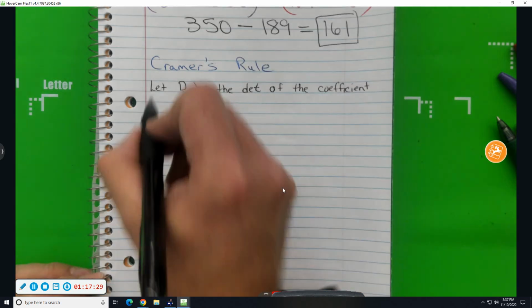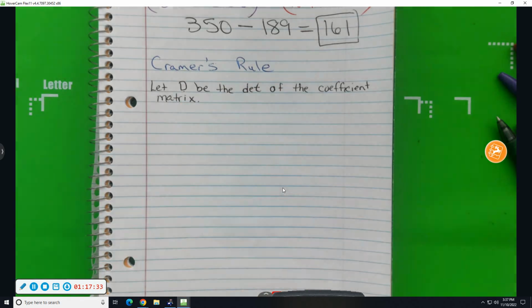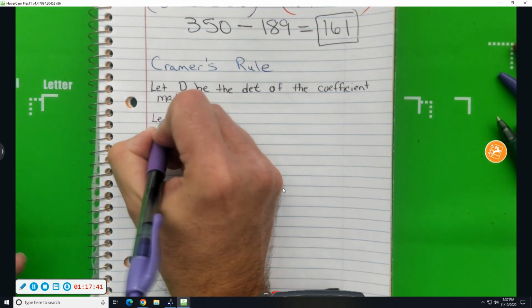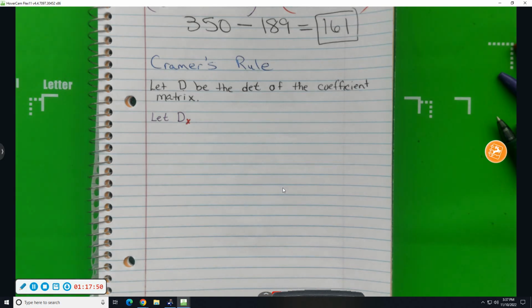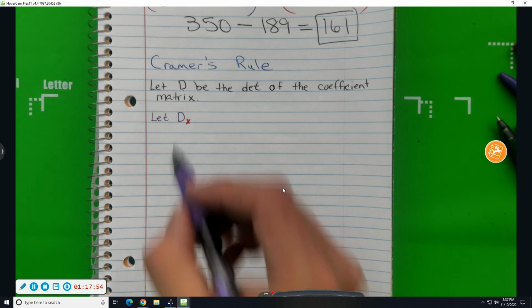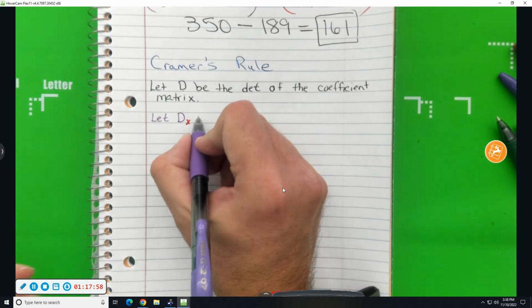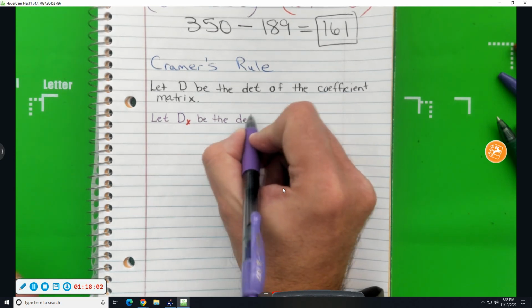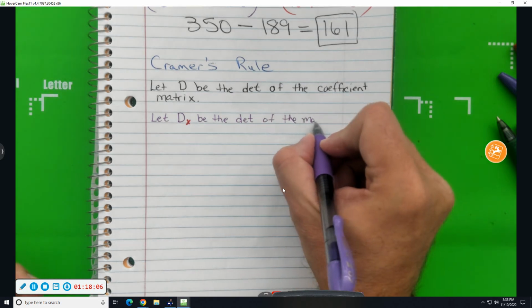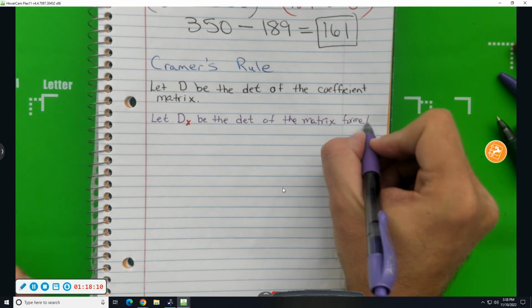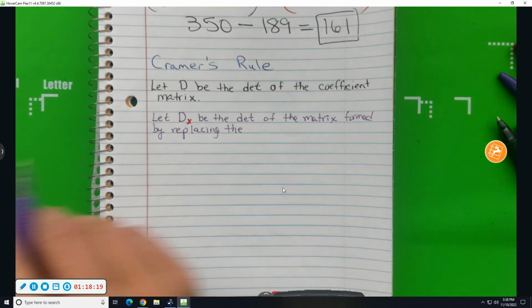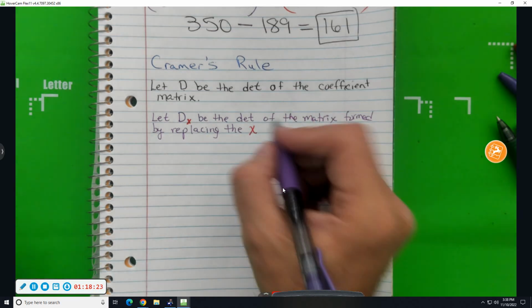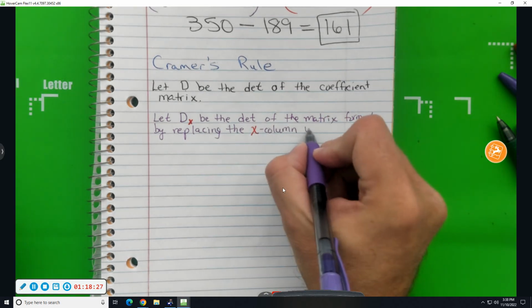You're just using the coefficients of the variables for capital D. So you take the four coefficients, do the little crisscross, and that's capital D. Then let D with a subscript of x, which I'm going to say just Dx out of laziness rather than D subscript x every time, let D subscript x be the determinant of the matrix formed by replacing the x column with the constant column.